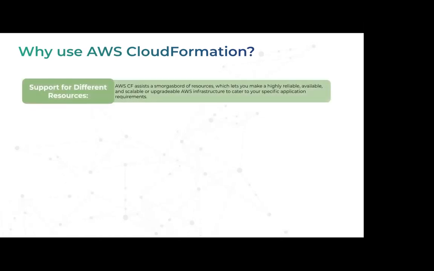Now, let's jump in and understand why exactly we need CloudFormation. Before we learn what exactly CloudFormation is, it's very important to start with why. That will make our journey very easy. First, support for different resources. CloudFormation supports any resource provided by AWS, whether S3, EC2, or Lambda. It supports automation for all those different kinds of resources.